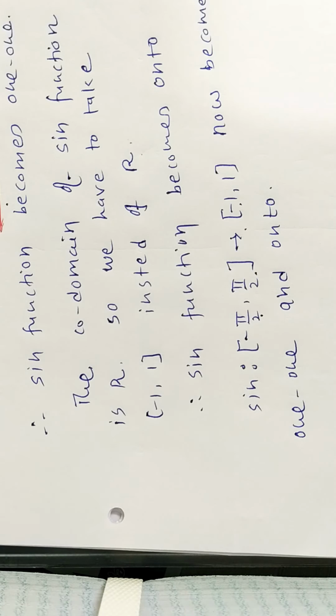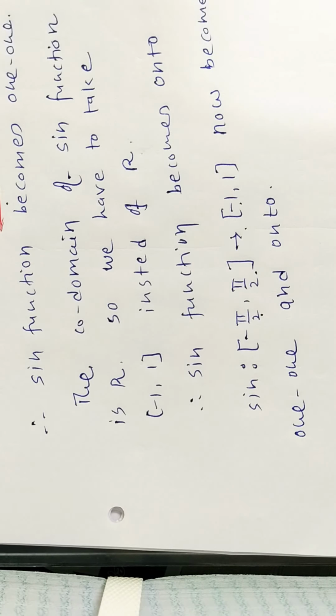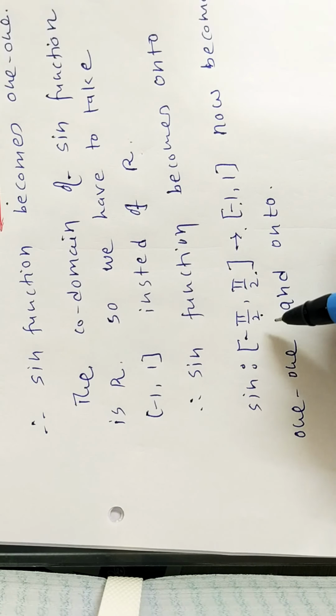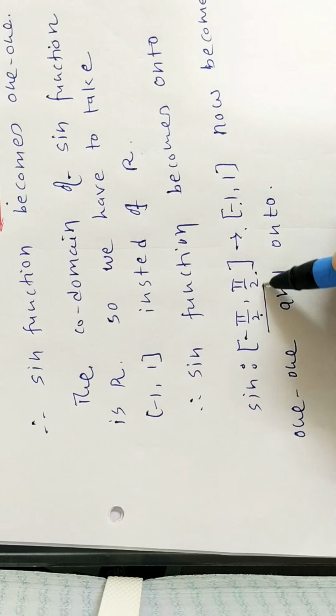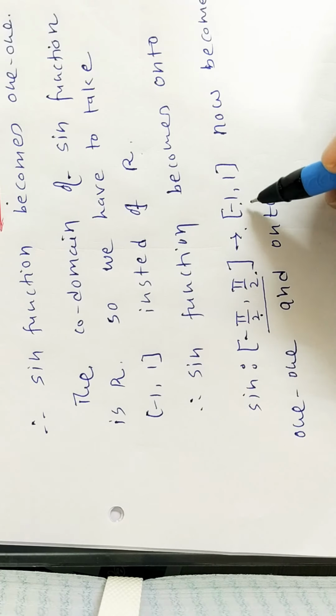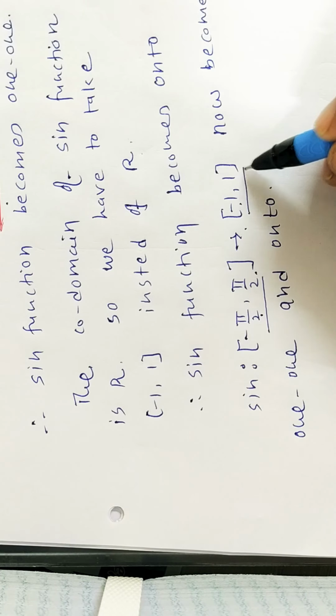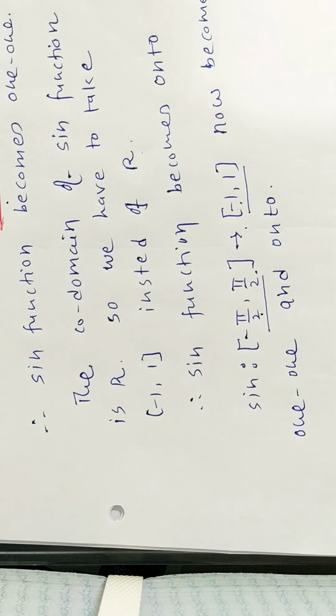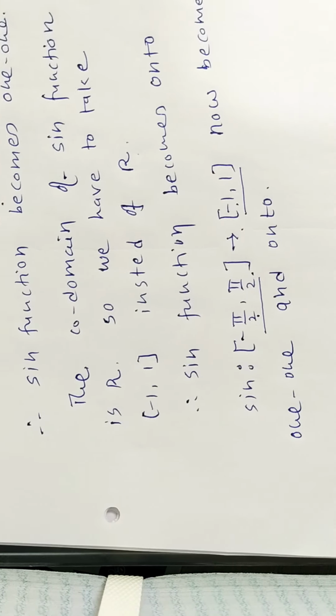The domain of sine is R and the codomain is R, but we want this function 1-1 and onto. So the restricted domain is taken as minus pi by 2 to plus pi by 2 and the codomain is minus 1 to plus 1. In this way, the sine function becomes 1-1 and onto.